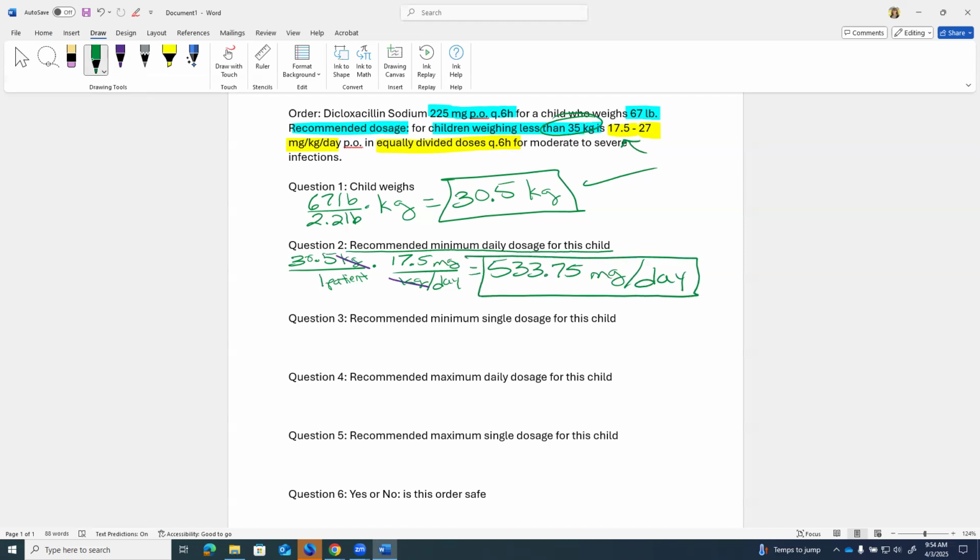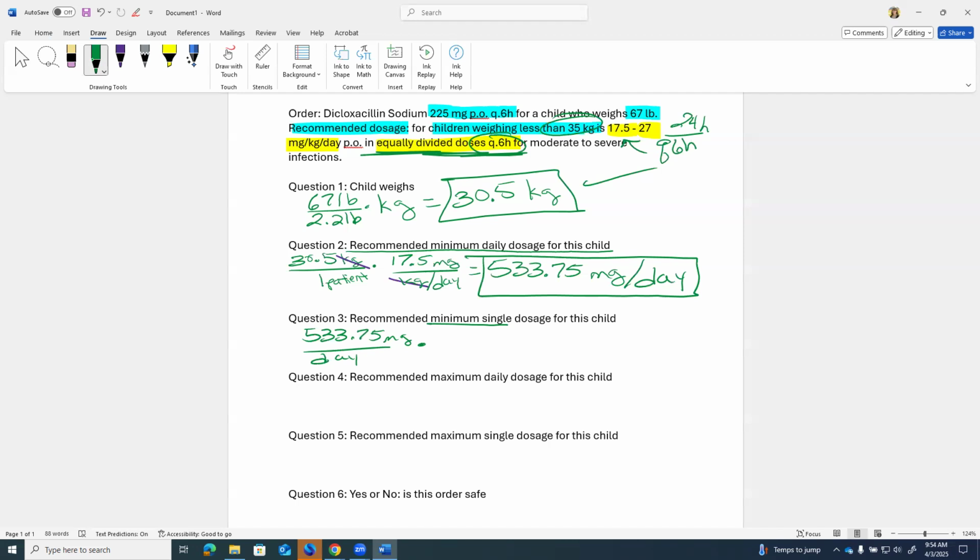Now, the next one says minimum single dosage. So I'm going to take the 533.75 milligrams per day, and go back up here. It says equally divided doses every 6 hours. Very good. So let me say this a little differently.